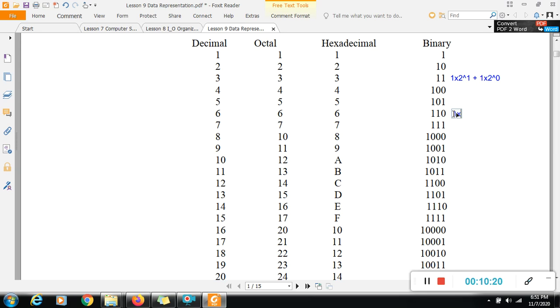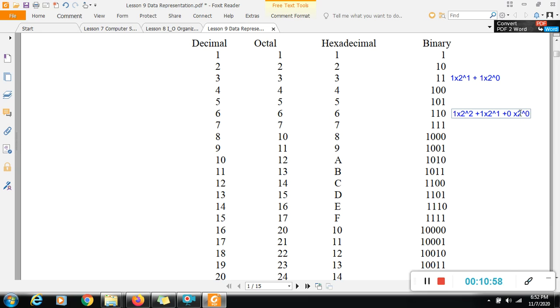But this is how it works. 1 times 2 to the power of 2, plus 1 times 2 to the power of 1, plus 0 times 2 to the power of 0.